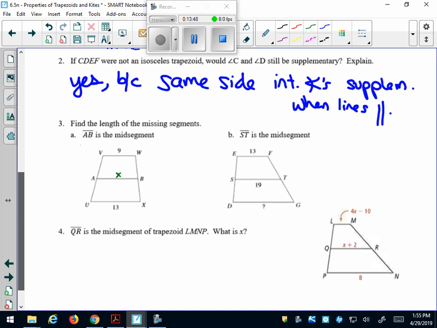Or you can think about the formula as being 2 times the midsegment equals B1 plus B2. So 2 times X equals 9 plus 13. So 2X equals 22, and X is 11.